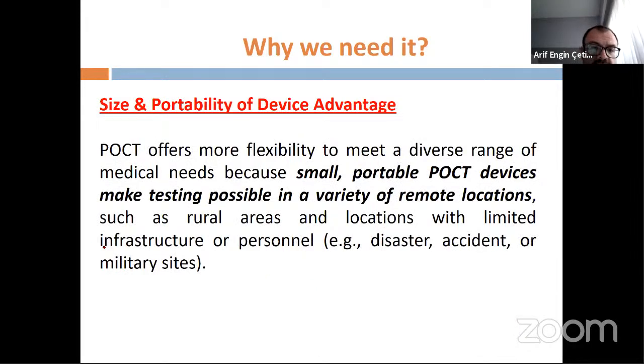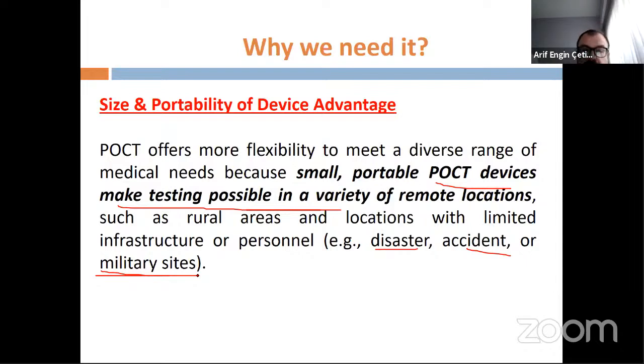The other advantage is size and portability. Since they are small, which makes them portable, POC devices make testing possible in a variety of remote locations. So any disaster, like a pandemic, accident, especially military sites, most of the POC devices were first developed for the military because they are the first ones who could be affected by biological weapons.